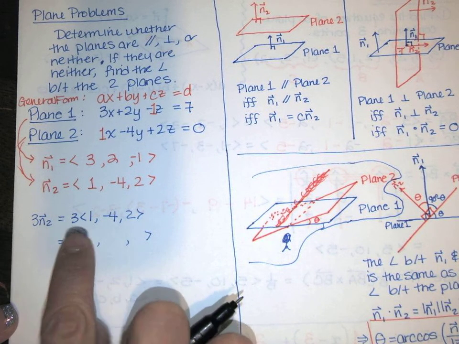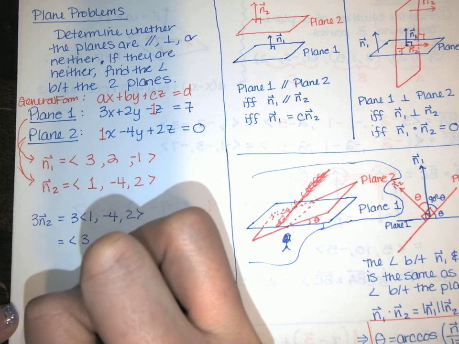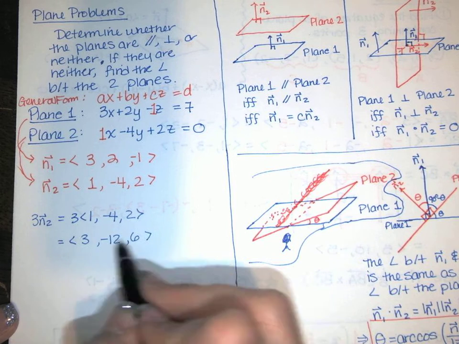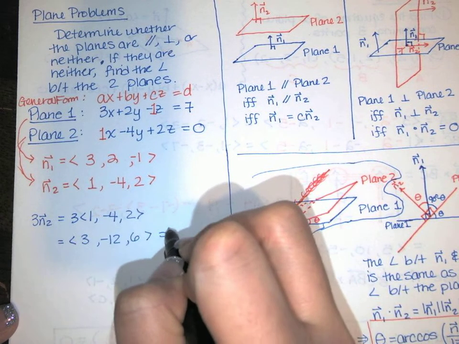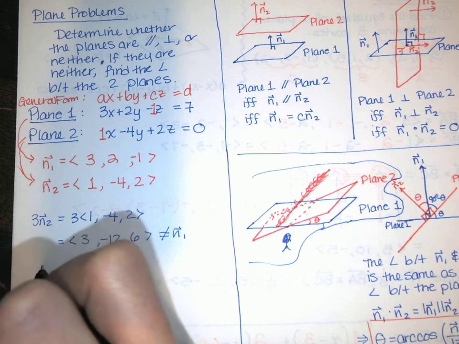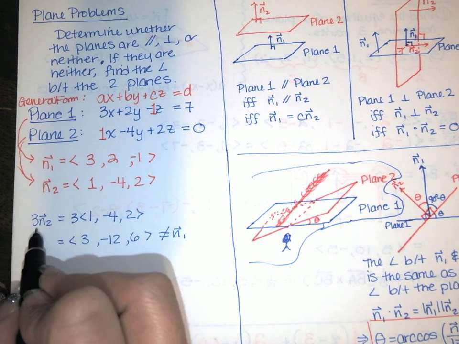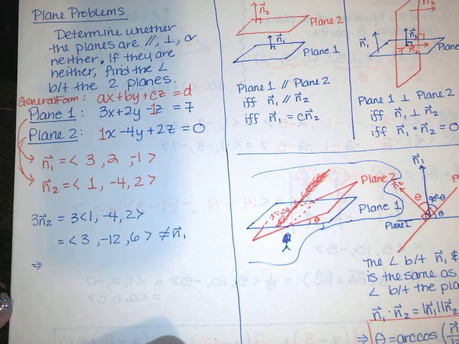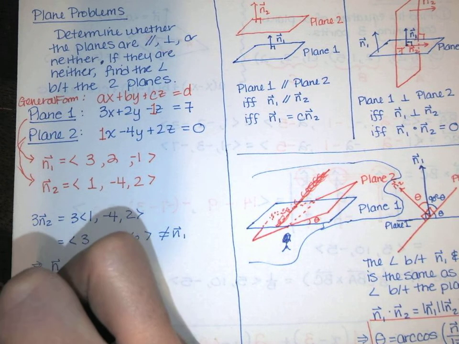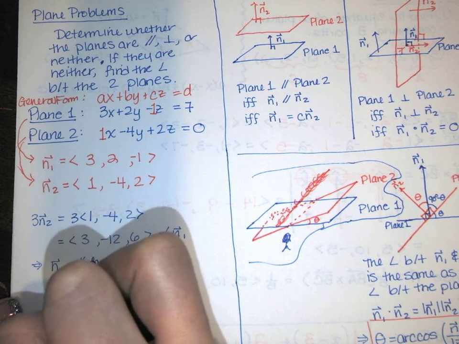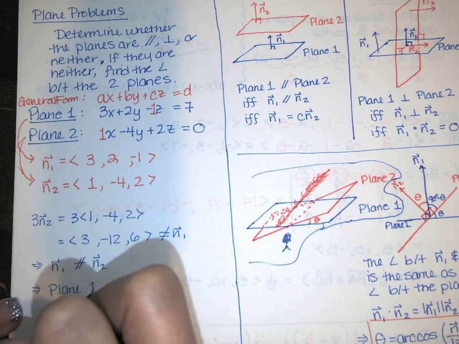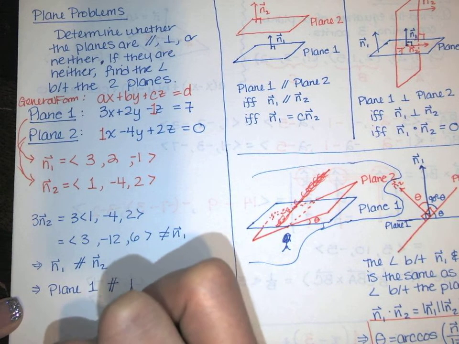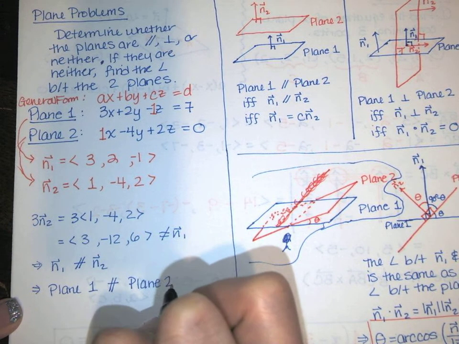If we multiply this vector by 3, we get 3, -12, 6. And that's not the same as 3, 2, -1. That's not n1. So that was the only possible parallel vector, and it wasn't parallel. So n1 is not parallel to n2, which means plane 1 is not parallel to plane 2.